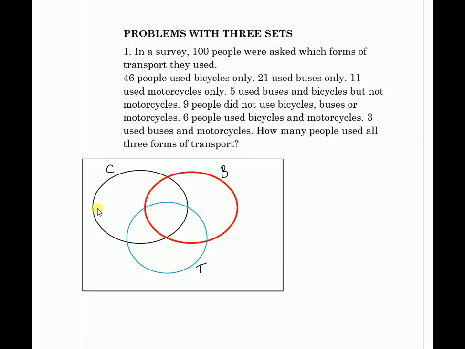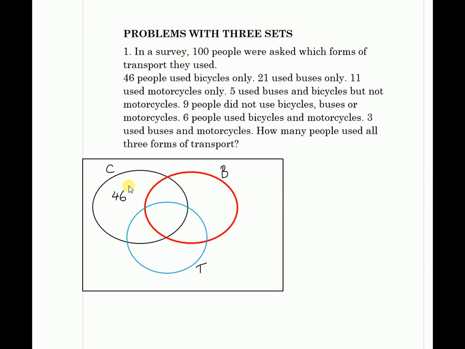They said 46 people used bicycles only. That means you are lying outside the circle for buses and outside the circle for motorcycles. It is just bicycles only.